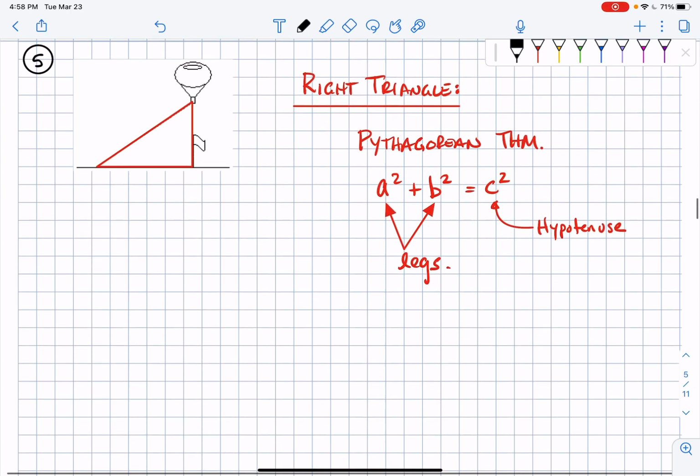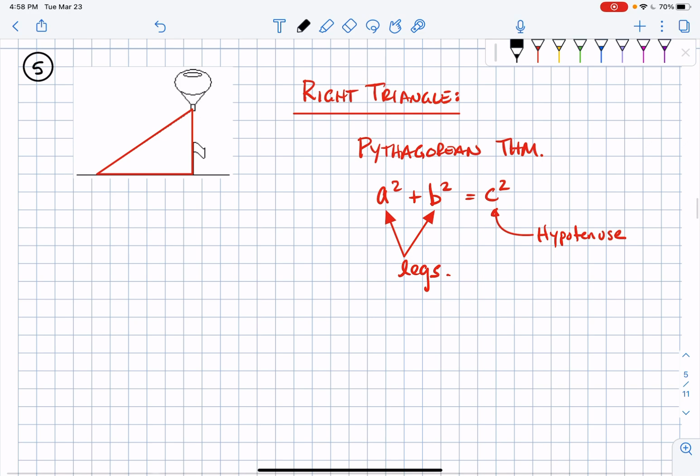On to number 5. This is a right triangle and it's talking about its sides, right? So let's see here. It's a word problem, I know. So a balloon is secured to a rope that's staked to the ground. A breeze blows the balloon so that the rope is taut.